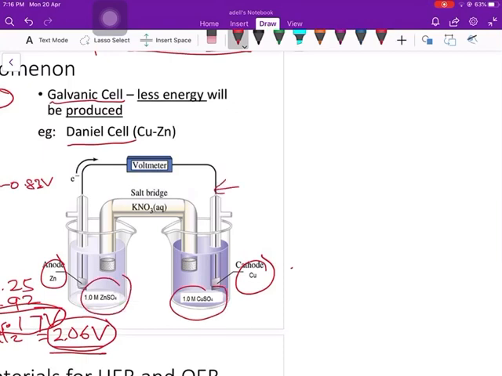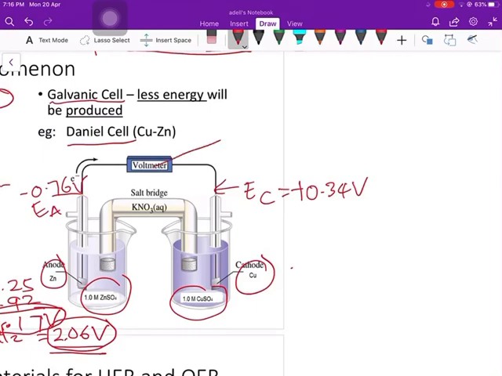So the value here, E cathode, this is E anode. If you look at the standard series, this is 0.34 volt. For zinc, negative 0.76 volt.